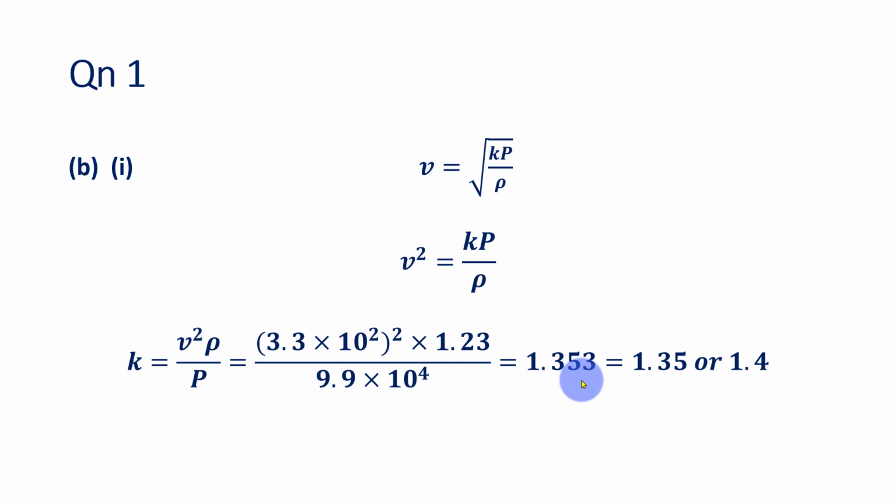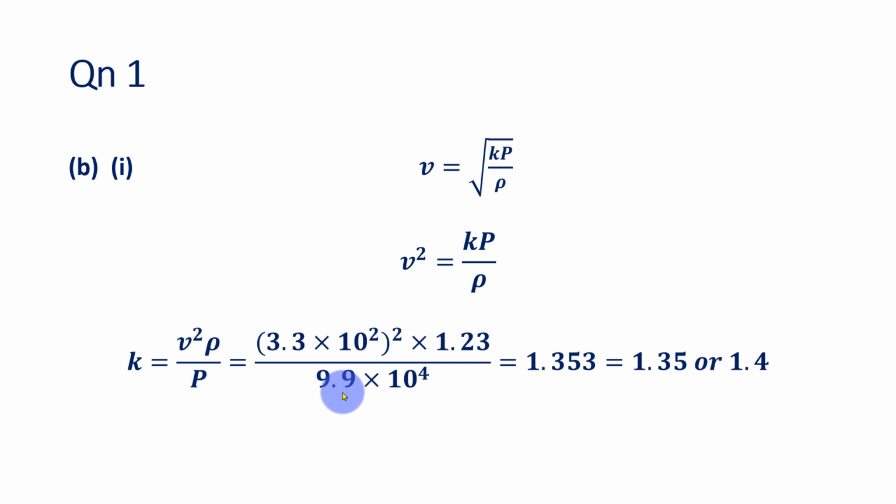But when we write down the answer, we must be careful to note the number of significant figures that are used in the actual physical quantities that were used to calculate it. For example, the number of significant figures of V is 2, ρ, we used 3 significant figures, and P, that is pressure, we used 2 significant figures.